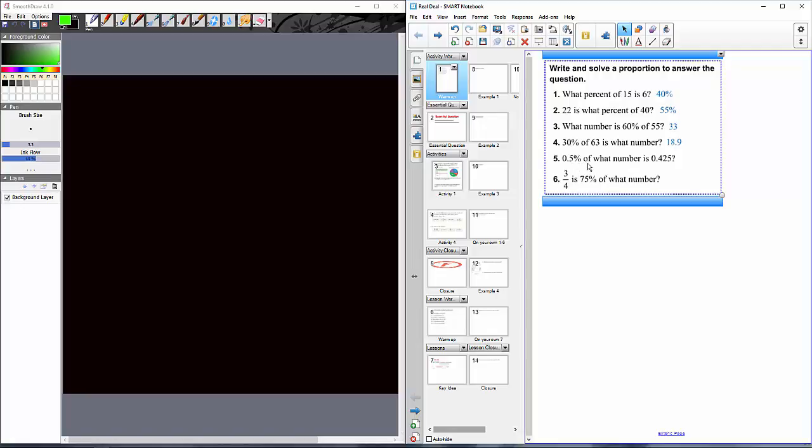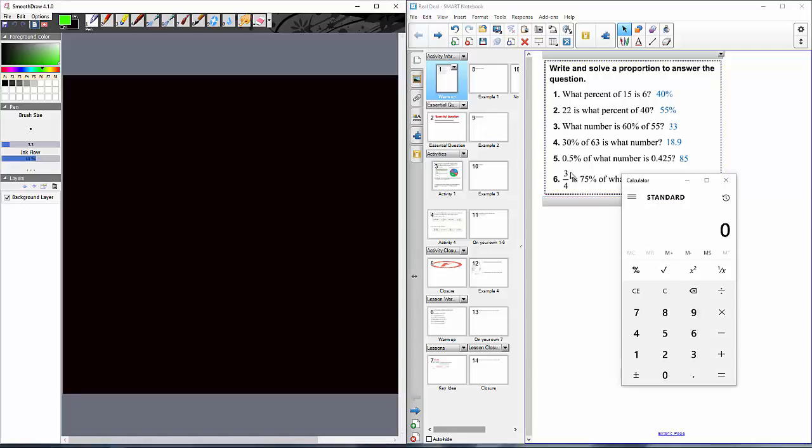Next, 0.5% of what number is 42.5? Let's do that one. The first thing I know is that it's 0.5 over 100 equals, and it says of what number.